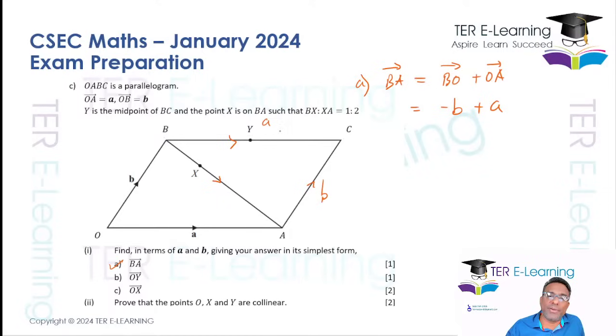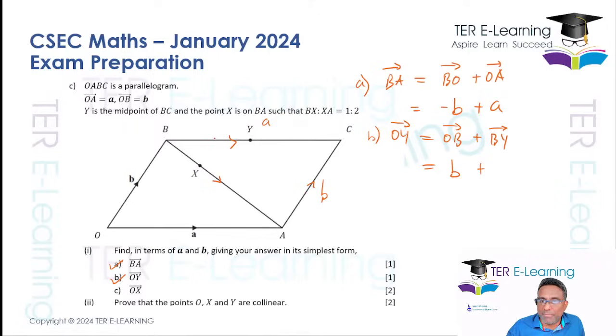Very straightforward. The next thing we want to get is the vector OY, right? So if you want to get OY, again, you're driving from one location to the next. So if you want to get OY, you can go from O to B, and then from B to Y. That's one route that you can take. So the vector OB in this case is going to be B plus the vector BY.